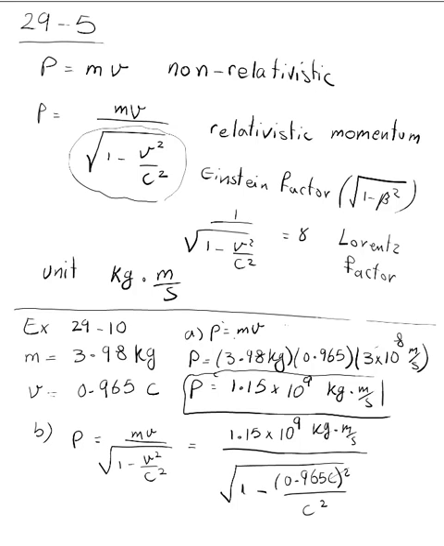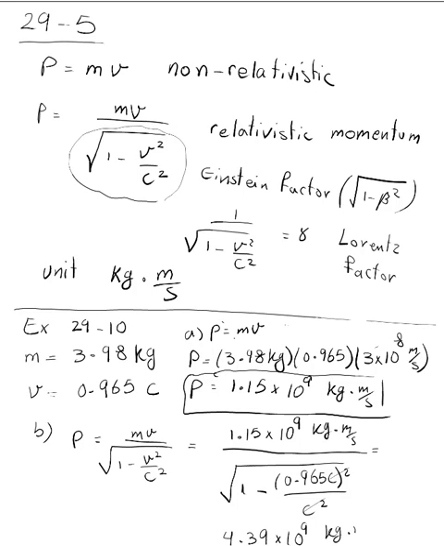These two c's can cancel here, but just remember that 0.965 should still be squared. This gives me the value of 4.39 times 10 to the power of 9 kilograms meter per second.